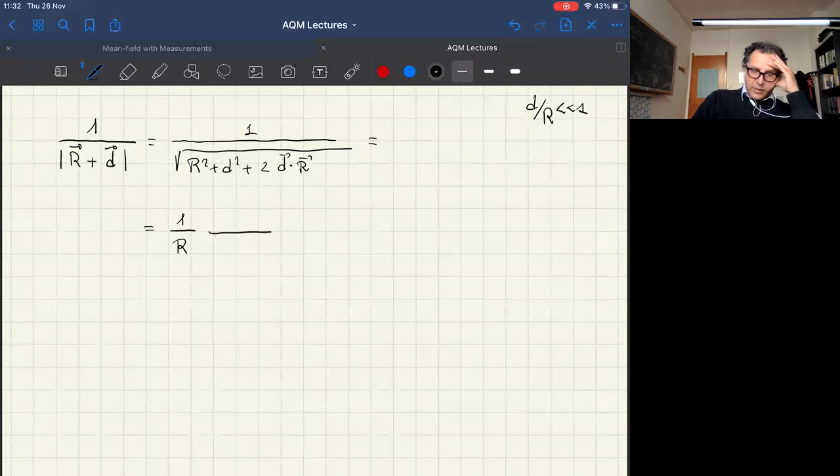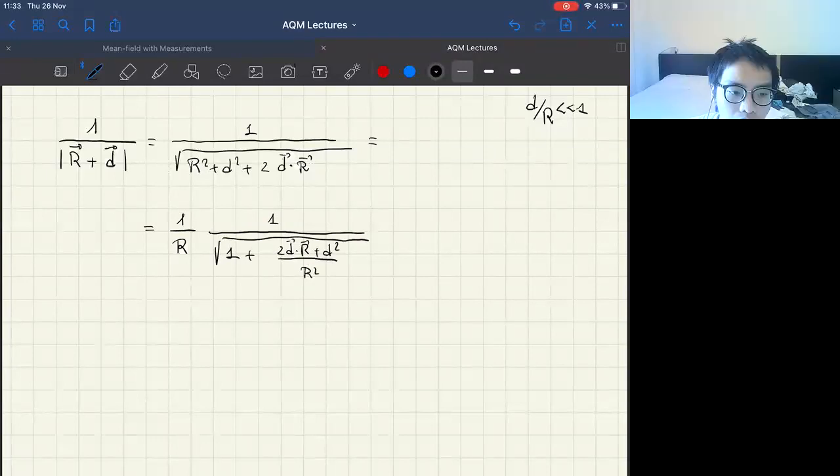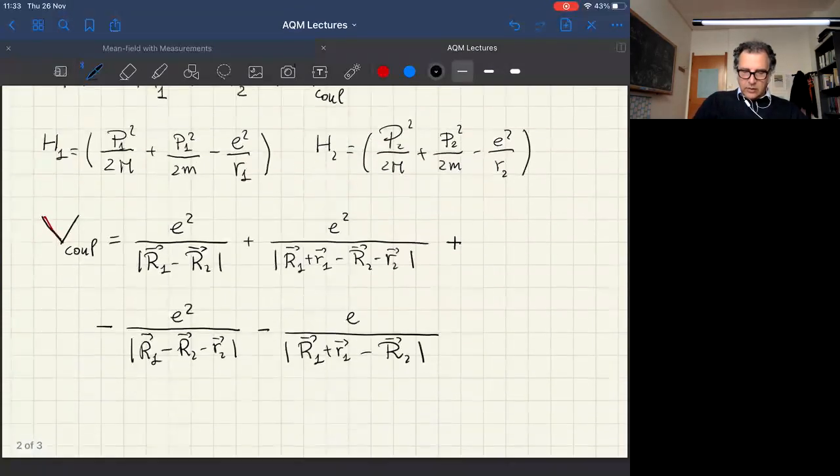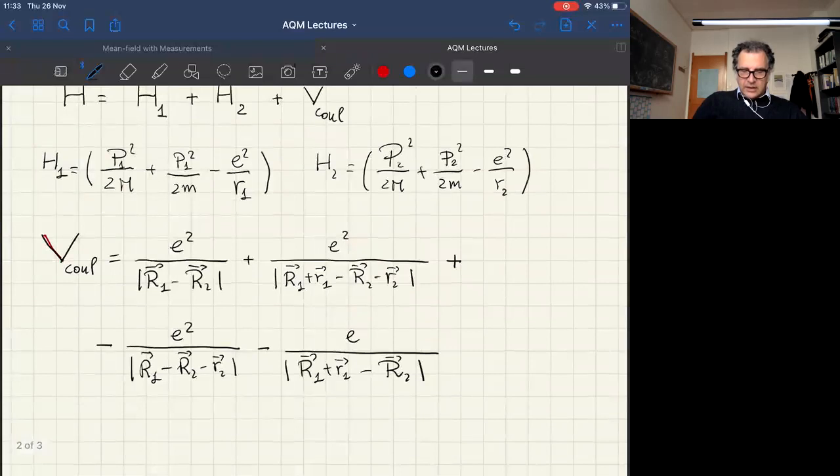Yes, just a moment. I finished writing, and then it's 1 plus 2D over R plus D squared over R squared. Yes. So why is it not R minus D? It does not matter. It can be minus whatever. I'm just saying this is the structure. What we want to consider is just an expansion.